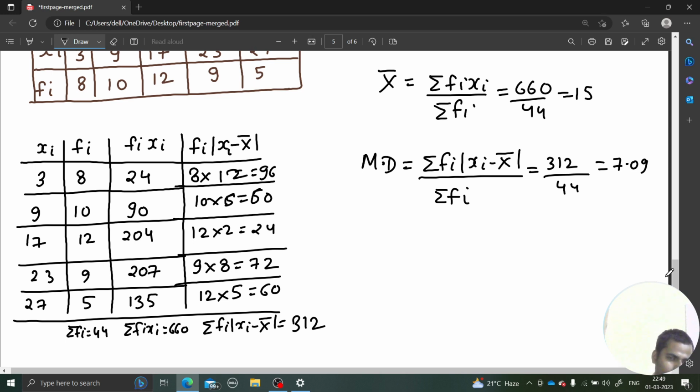You have to calculate fi xi to calculate mean, because mean is summation fi xi divided by summation fi, and for mean deviation, take every entry's difference from the mean, take the mod, multiply by f, and finally take summation of all such values and divide by summation fi.